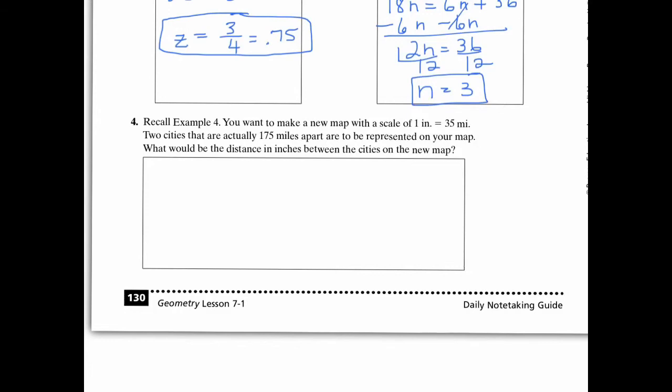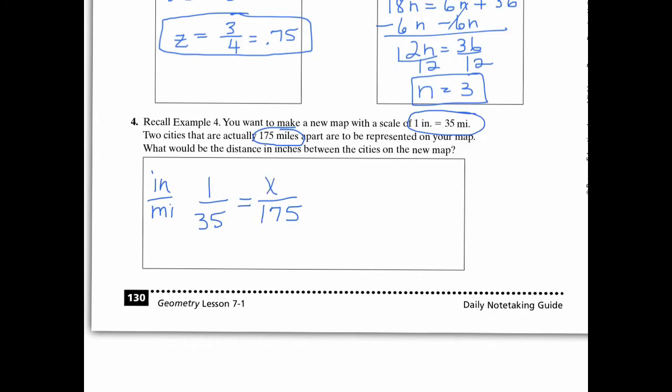Okay, so I just need to set up a new proportion using this scale instead of the other one, right? Remember we did inches to miles? So I'm going to use this scale, 1 inch to 35 miles equals. Now, they have given me the actual distance, 175 miles, so I need to put that in the denominator, and in the numerator is my x.